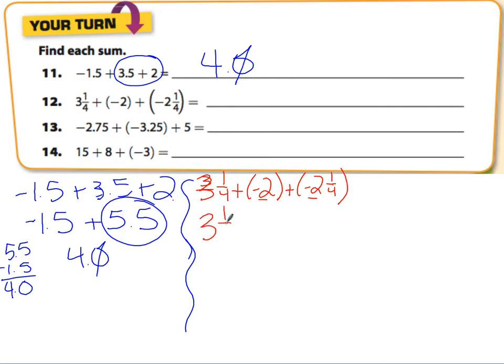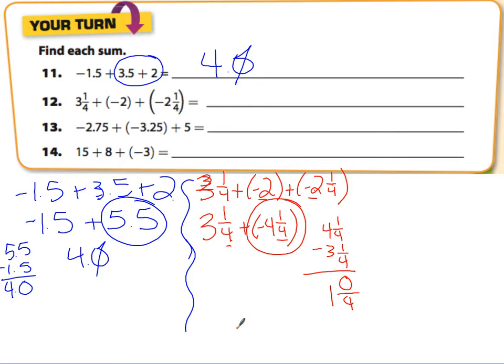So that's 3 1/4 plus negative 2 plus a negative 2 is a negative 4 1/4 because I have the 1/4 over here. Now the nice thing is my denominators are the same, so I don't have to mess with that. But my signs are different, so I do have to do 4 1/4 minus 3 1/4. Here I get 0/4, and here I get 1. 4 1/4 has the greater absolute value, so my answer here is negative 1.